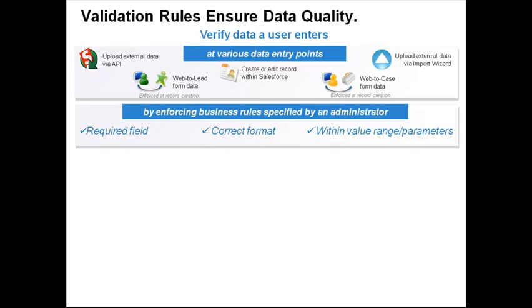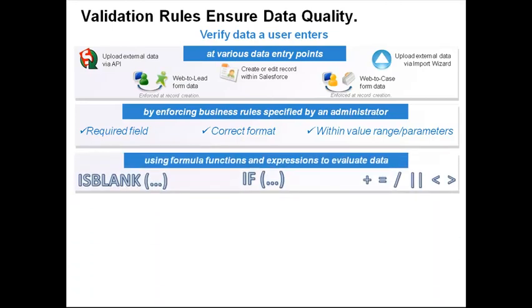By enforcing the business rules specified by you, the administrator, you're going to work with your business users to figure out which fields are required, what is the right format for a certain account number, what values are valid, and what the right range might be.